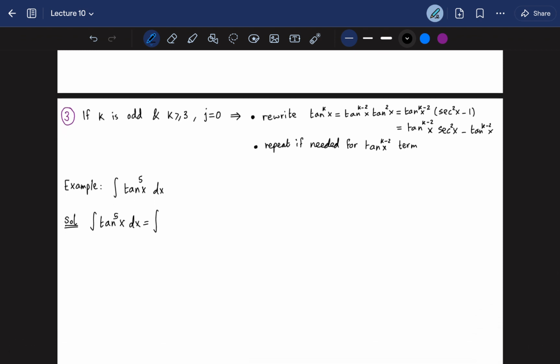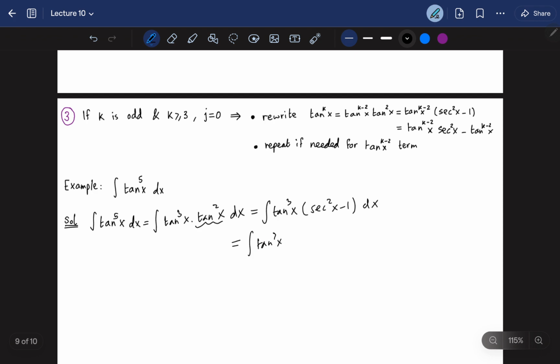So here, if I have tan to the 5th, I want to separate my tan to the 5th to be tan cubed times tan squared. Now tan squared, I know this is equal to secant squared x minus 1 dx. If you distribute, you're going to get the integral of tan cubed secant squared minus the integral of tan cubed dx.